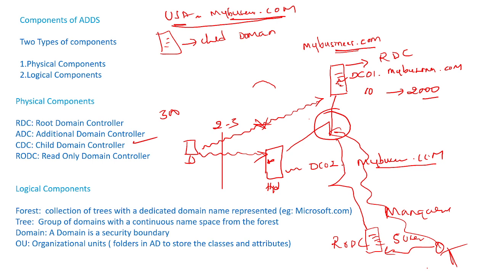No write operations, only read operations can be performed there. And now you know the context of why we have RODC: to reduce latency, increase performance, and avoid additional investments. That is the physical components.